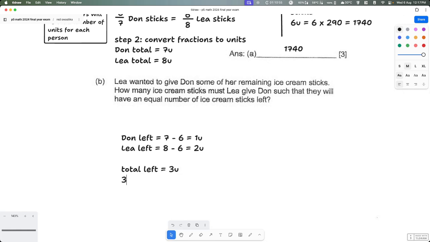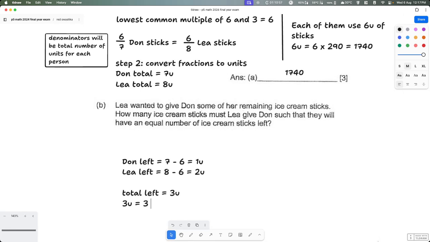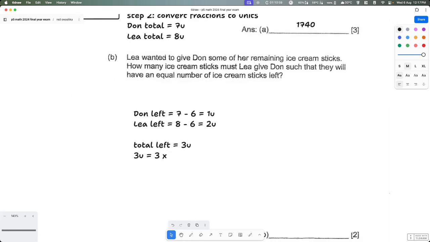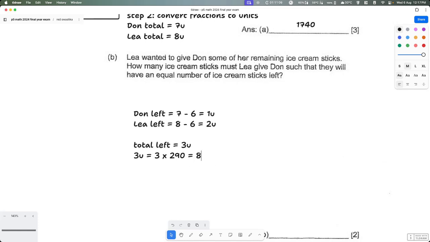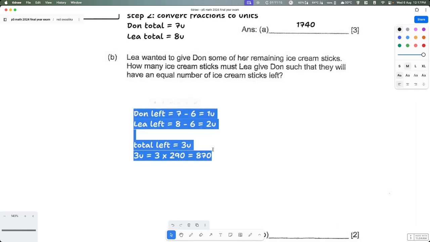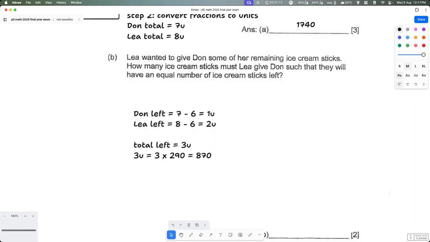Okay, so 3 units is equal to 3 times what's 1 unit? 290, so 3 multiplied by 290, this will be 870. Okay, so how many ice cream sticks must Leah give Dawn such that they will have an equal number of ice cream sticks left? So basically this is total left.